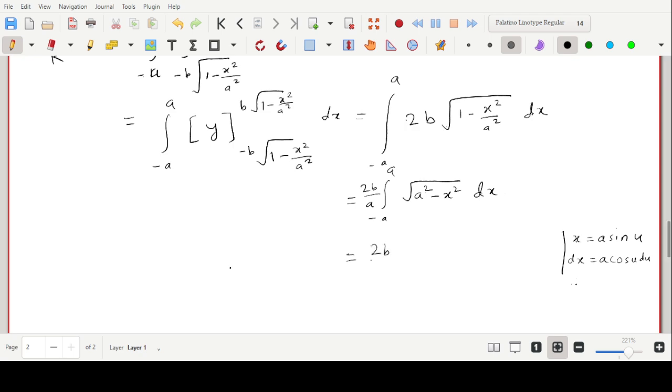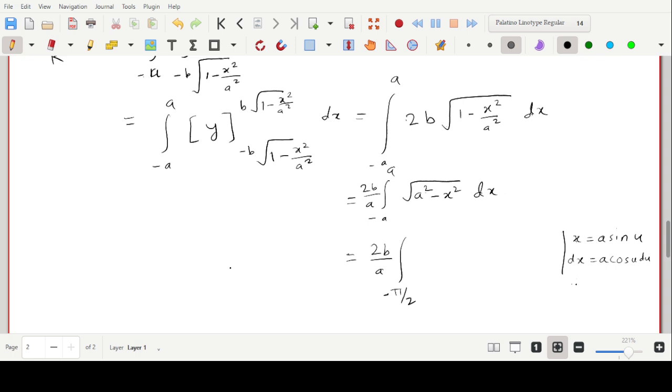So 2b over a. We are now in the domain of integration of single variables. I hope you know this.